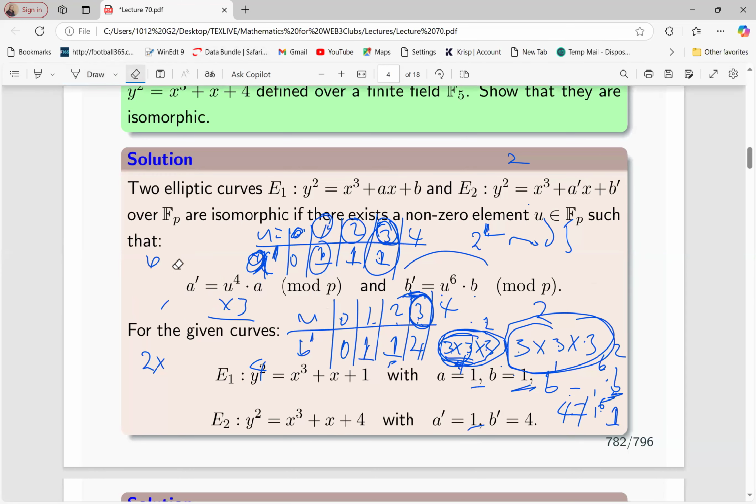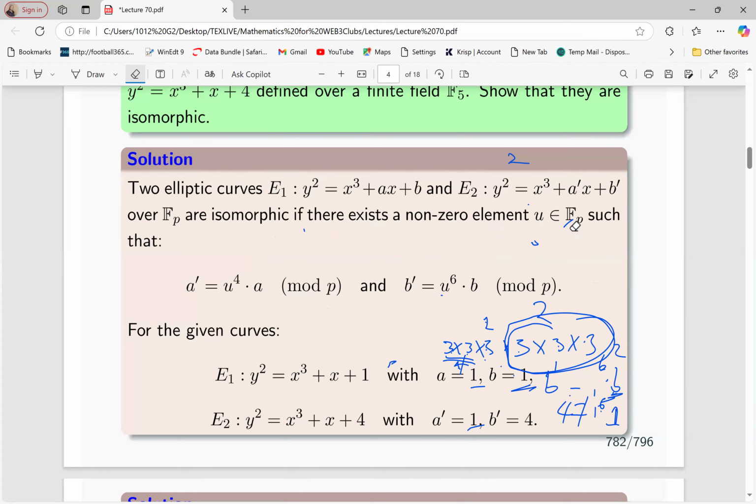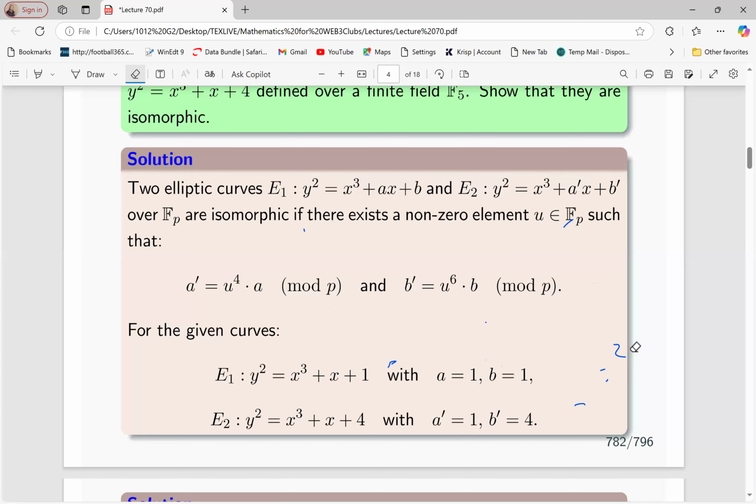So that's a formula you use even when you're writing the code. You just include this formula in your code, and then you have your code telling you if 2 curves are isomorphic or not.